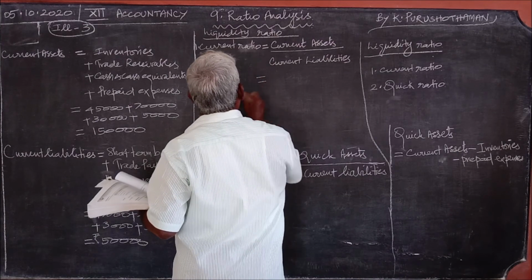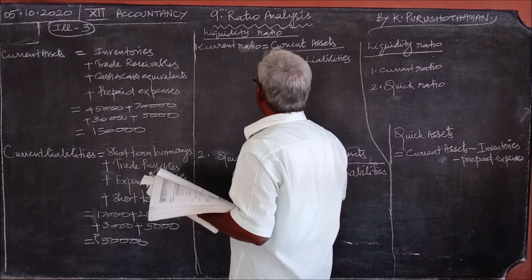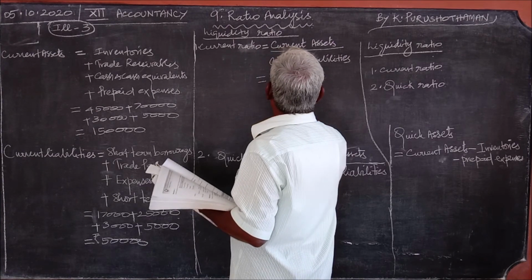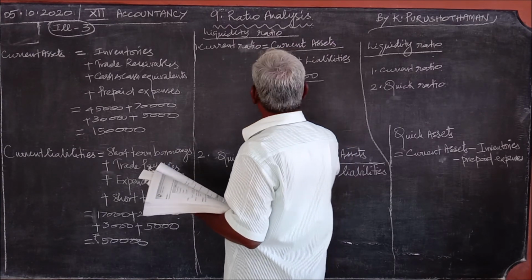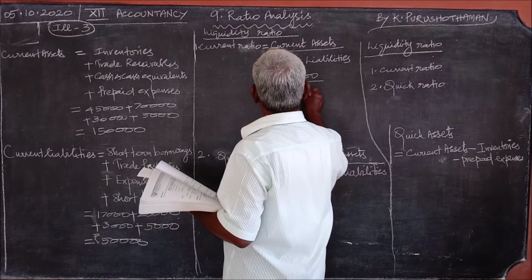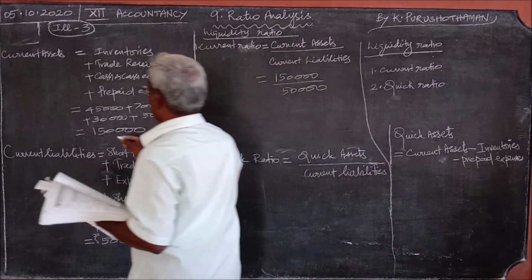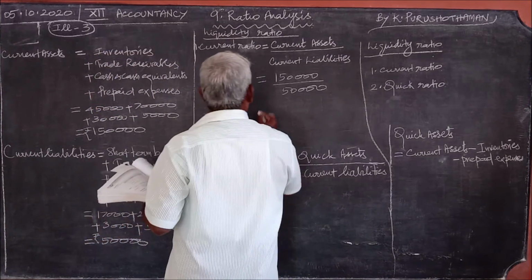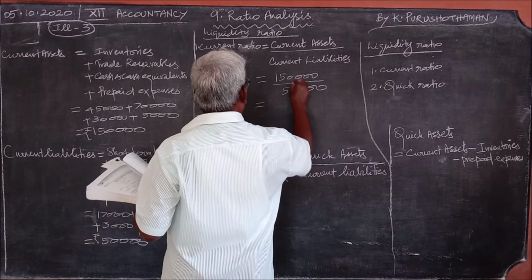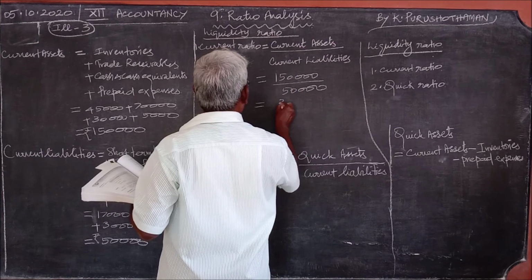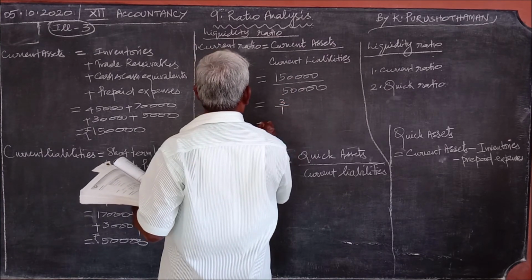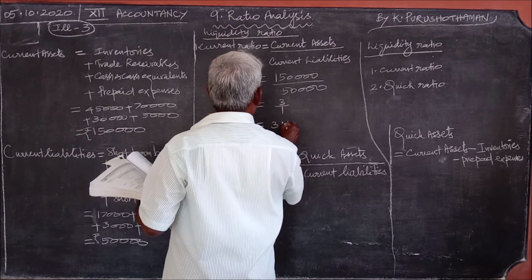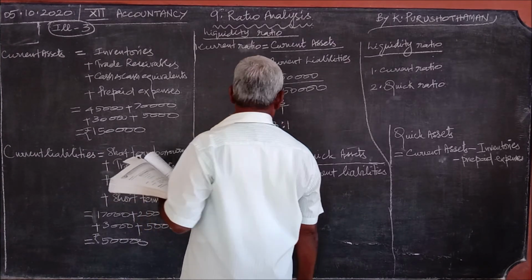This is equal to current assets 1,50,000 by current liabilities 50,000. If you simplify, 4 zeros cancel, 3 5s are 15, 1 5 is 5, which is equal to 3:1. One ratio is found out.